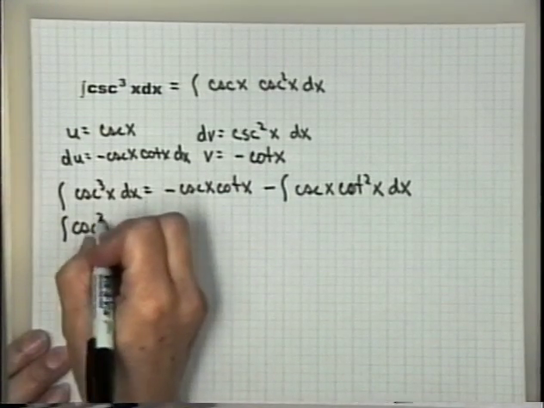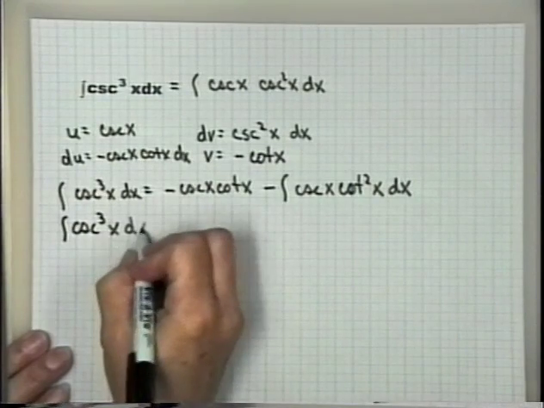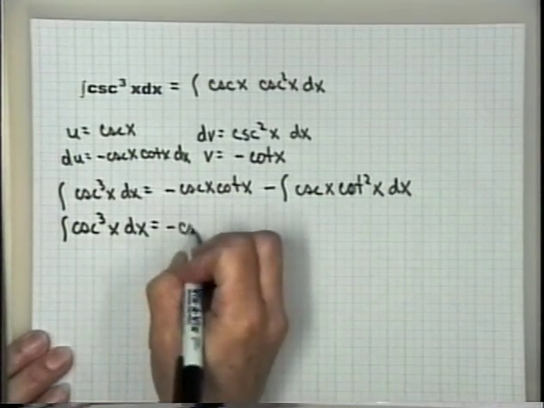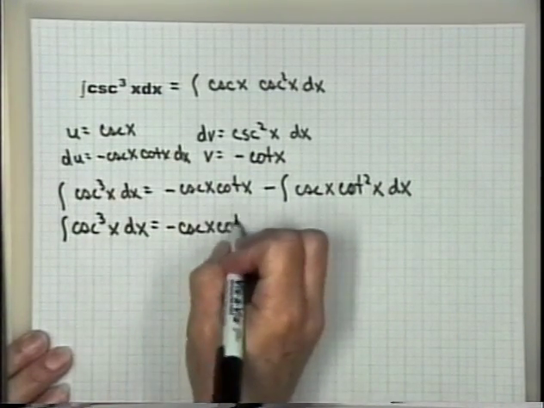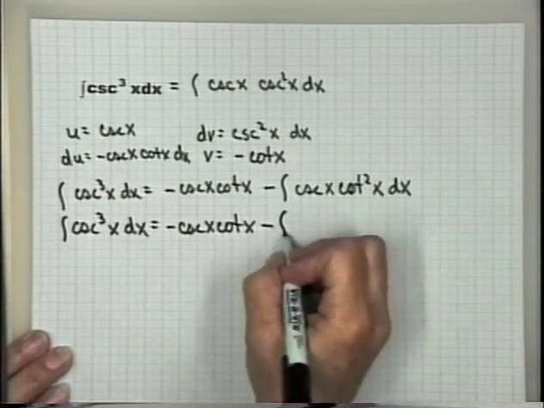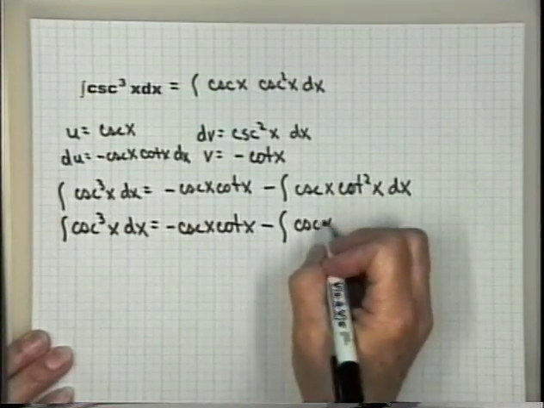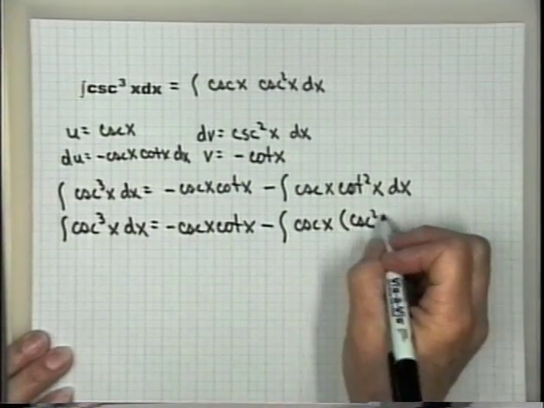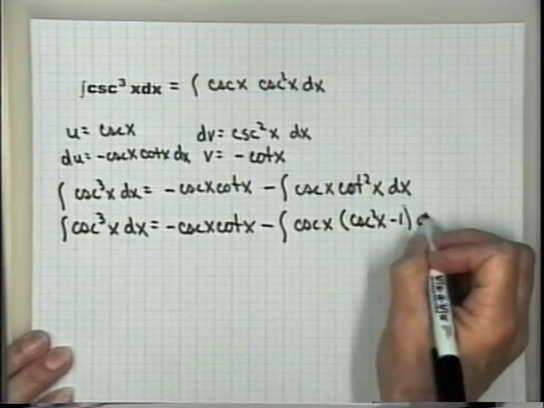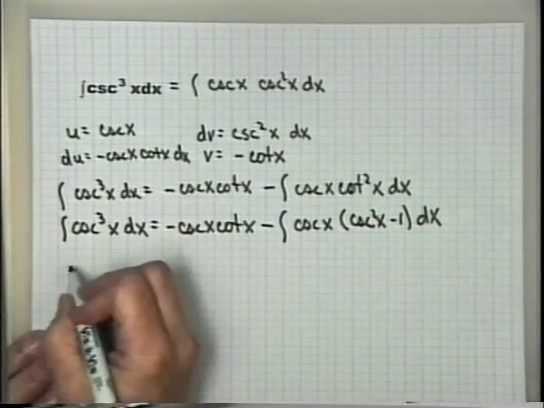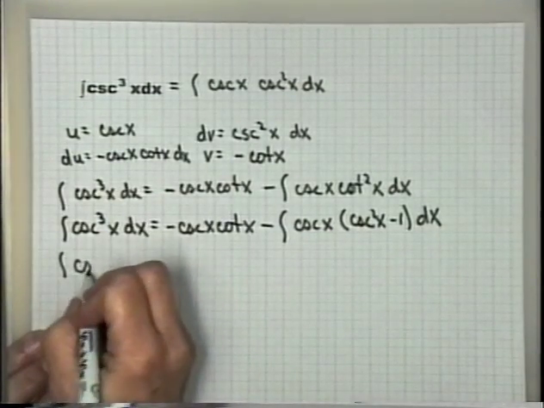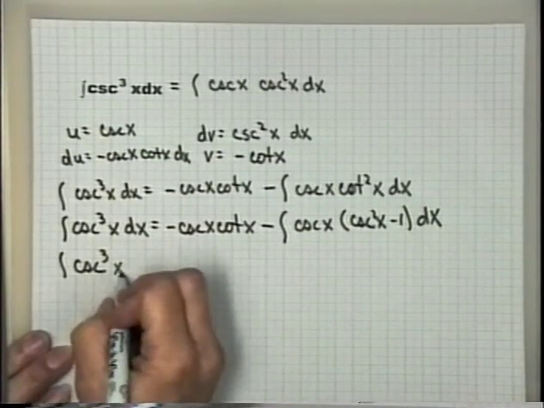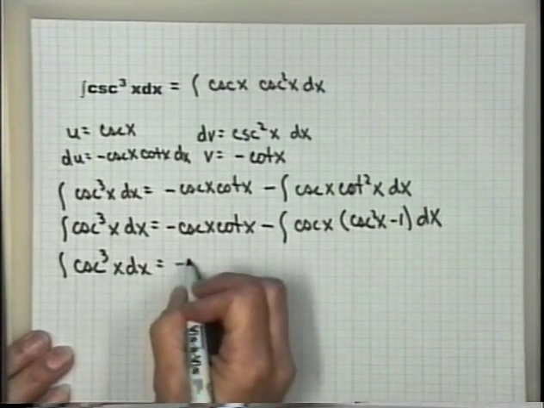We have the integral of cosecant cubed x dx equals minus cosecant x cotangent x minus the integral cosecant x, and in place of this cotangent squared, I'm putting cosecant squared x minus 1, that identity we just looked at. Now, hang on with me just a little bit longer and you're going to see how this thing works out.